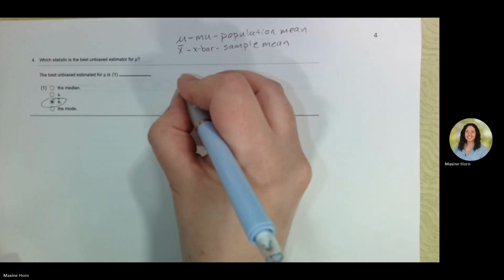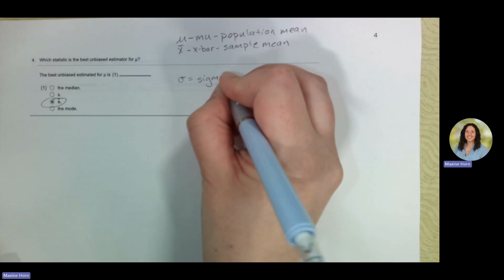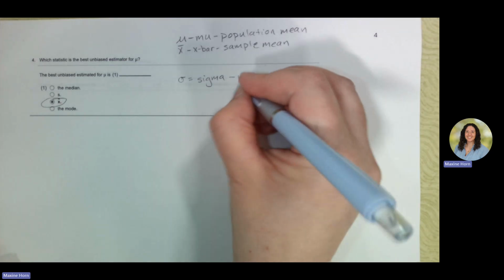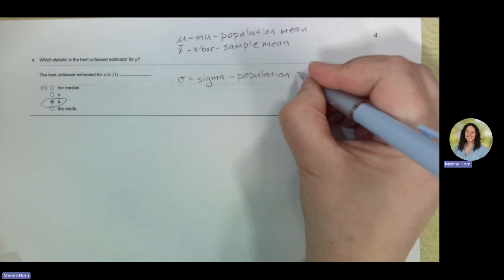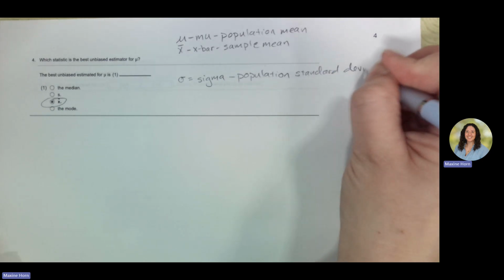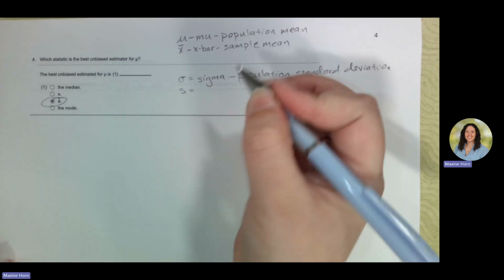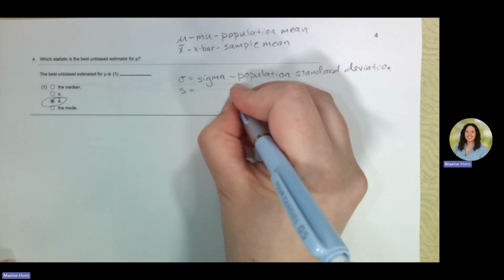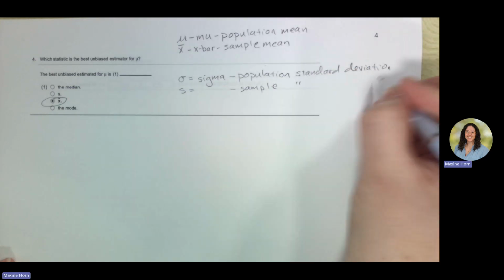Okay, and then just to go over these again, your sigma is your population standard deviation. S is your sample standard deviation.